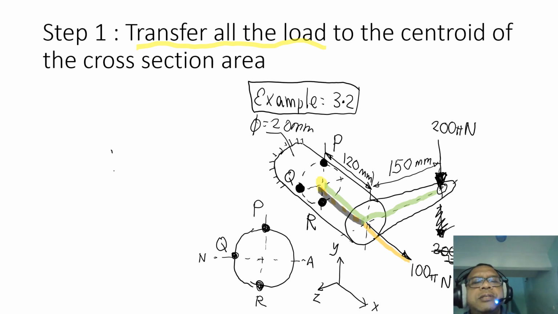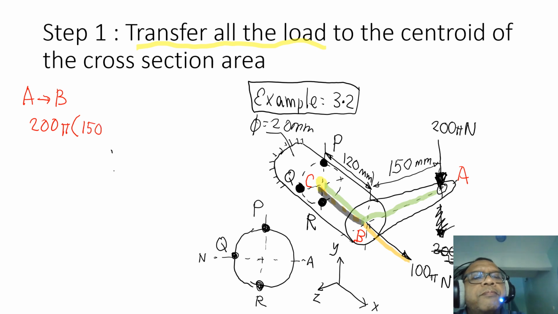Let's label these points: if I move from point A to B to C, first I'm moving from A to B. This 200 pi Newton will create a torque of 150 mm times R.